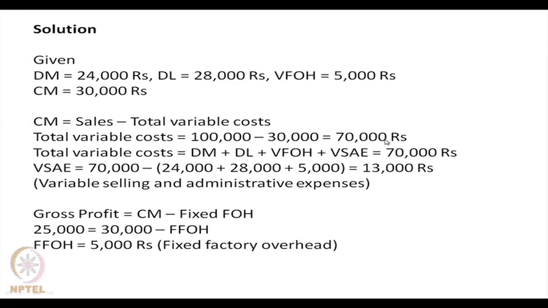So, since these two are given, we find out total variable cost as equal to sales minus contribution margin, that comes to 70,000 rupees. Now, the total variable cost is not only these three which I have written down here, but also variable sales and administrative expenses, which is not given. But now that we know variable cost as equal to 70,000, then these three being given, we can now find out variable selling and administrative expenses, which is equal to 70,000 minus these three, 24, 28 and 5.